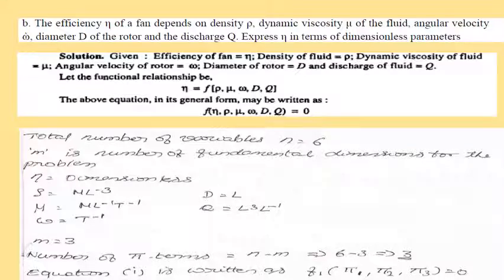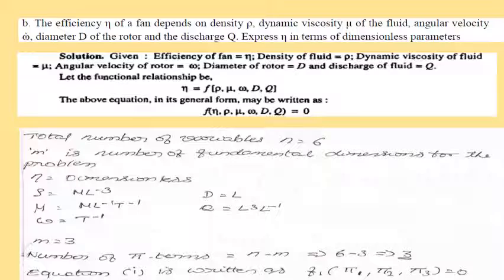Then density is mass by volume, the unit is kg per meter cube, and the dimension is M L^-3. Diameter is measured in meters, that is L. Dynamic viscosity is Newton second per meter square, and the dimension is M L^-1 T^-1. Discharge is meter cube per second, that is L^3 T^-1.